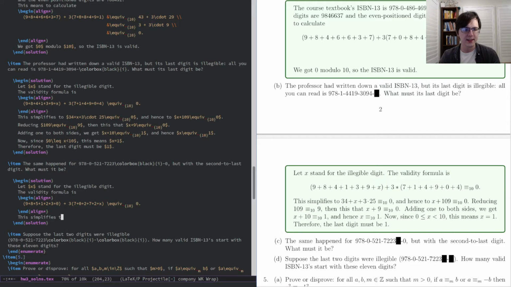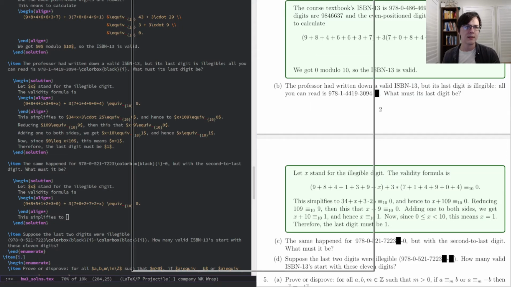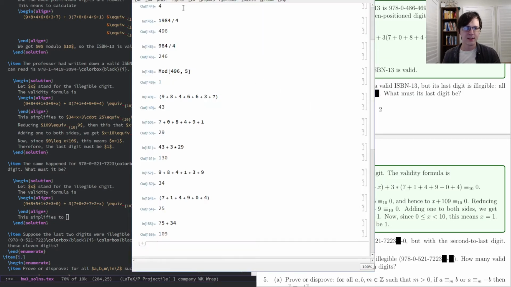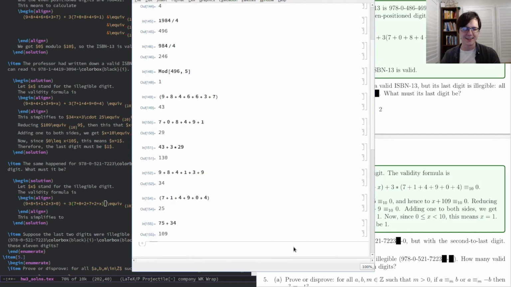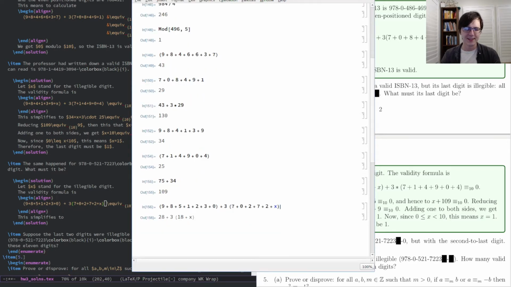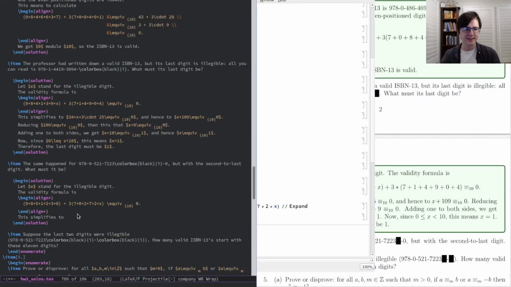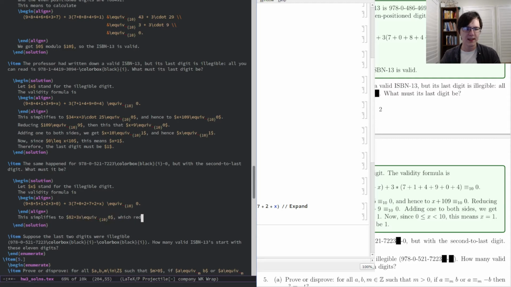This simplifies to this. Actually, I can just type it in. Yep. Let's expand it. So 82 plus 3x. And this reduces to 2 plus 3x.